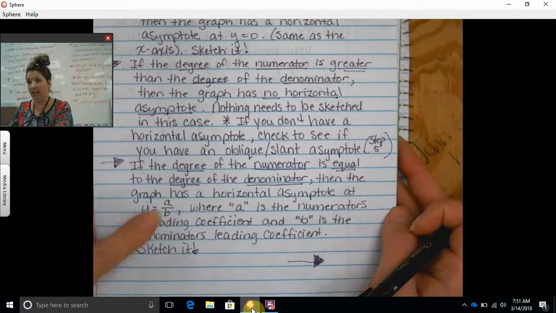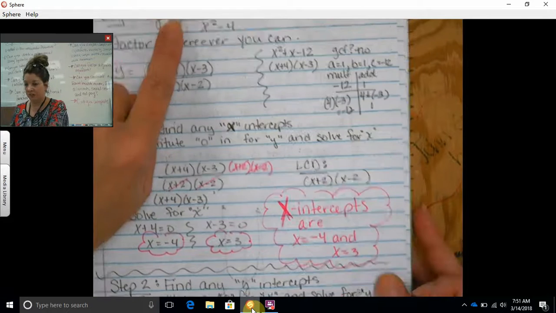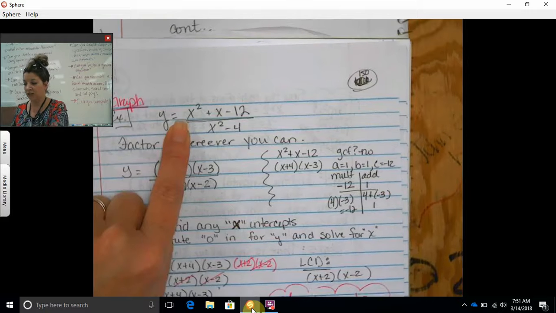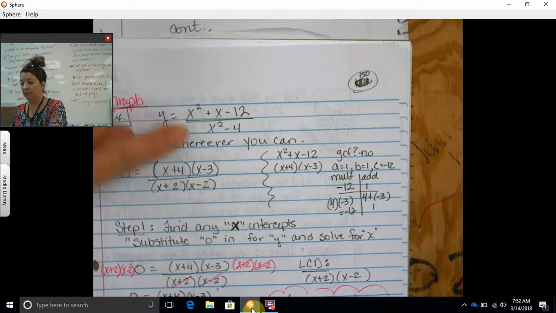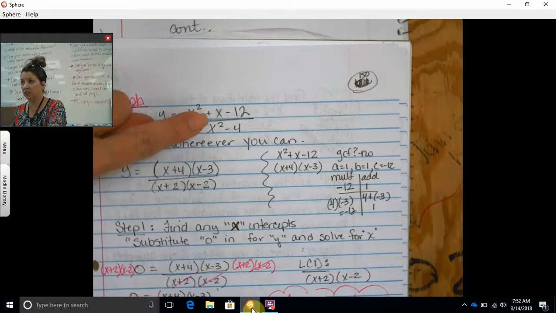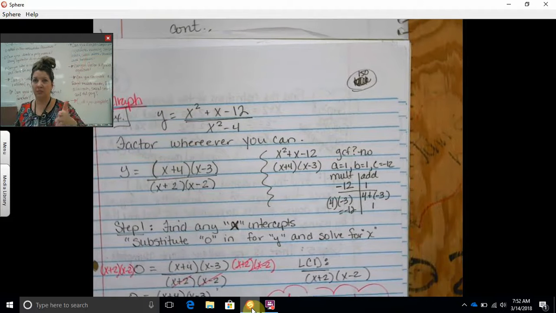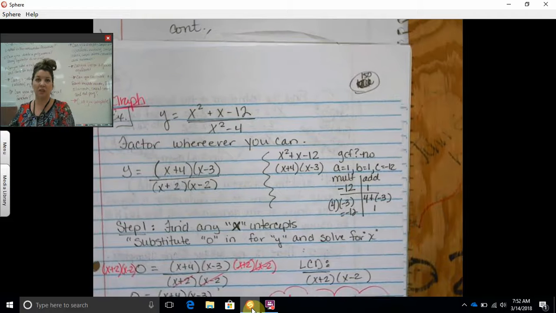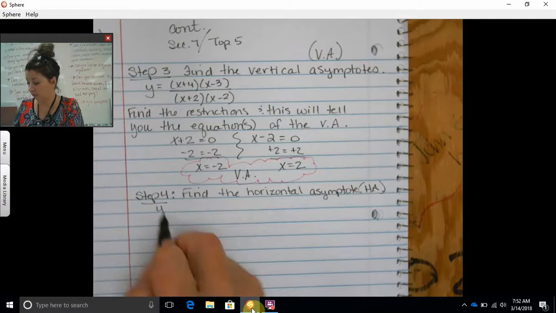They're telling you that a is the leading coefficient of the numerator. So our leading coefficient would be 1, right? And the leading coefficient of the denominator is 1. So basically y = a divided by b, in this case would be y = 1 divided by 1, which is just what? 1.